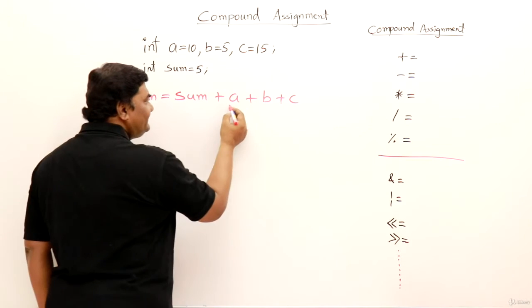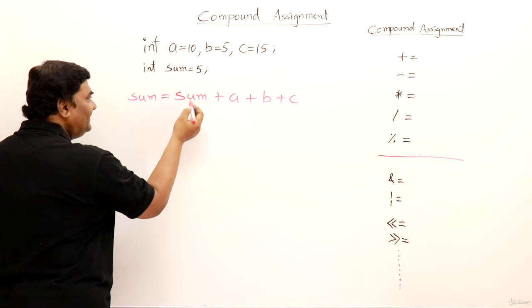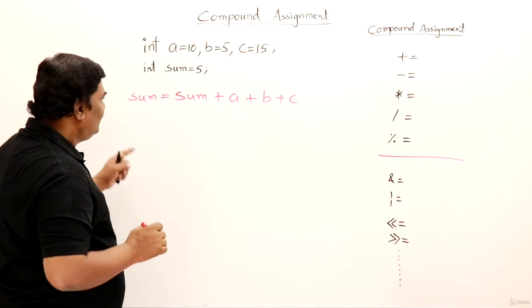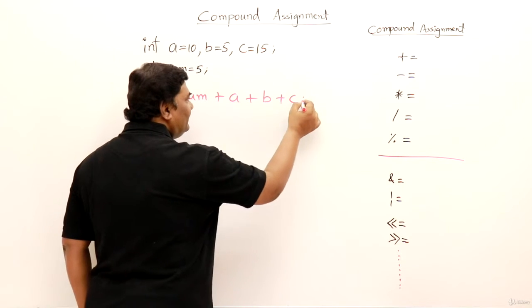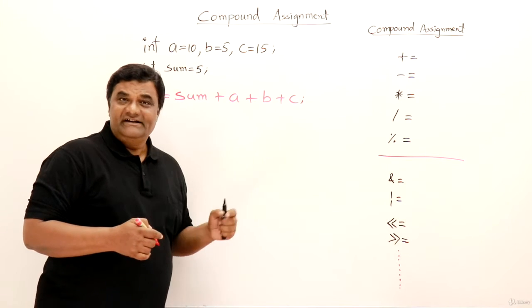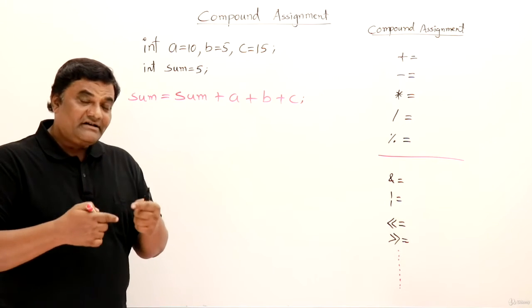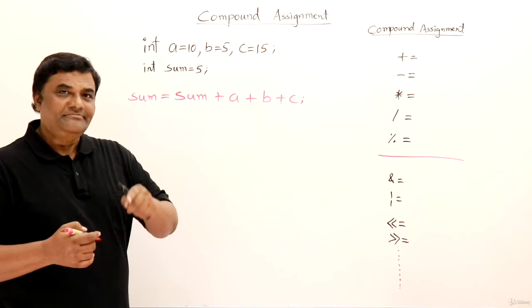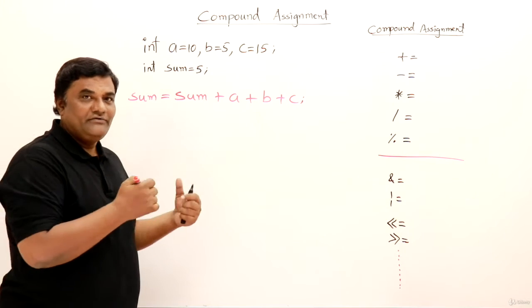So it means all these things are added along with sum and the result is stored in sum. This is in a single statement. Now I want to break it into multiple statements, meaning repeated addition I want to do. First A, then B, then C. So let us see how we can do that.